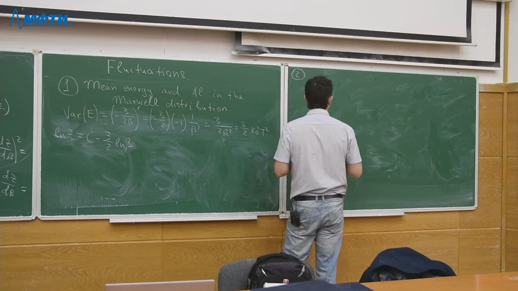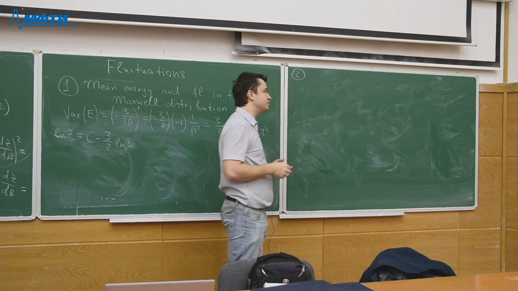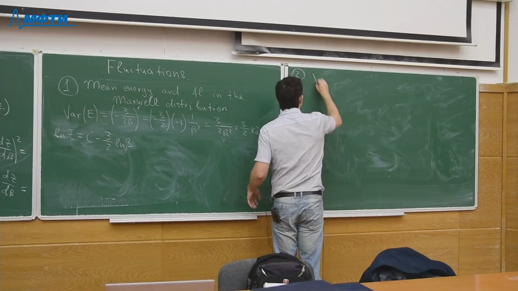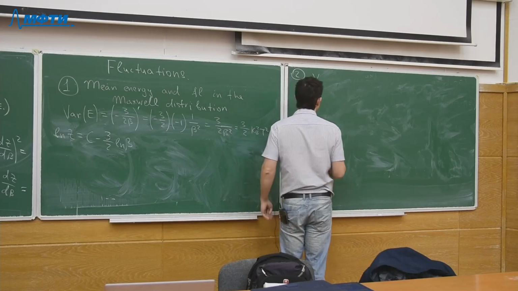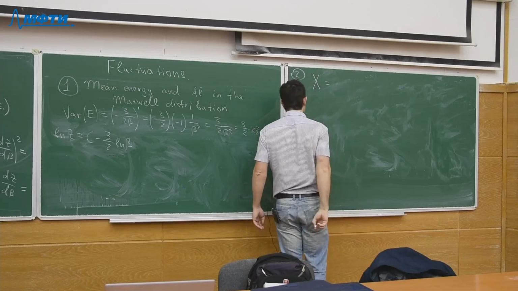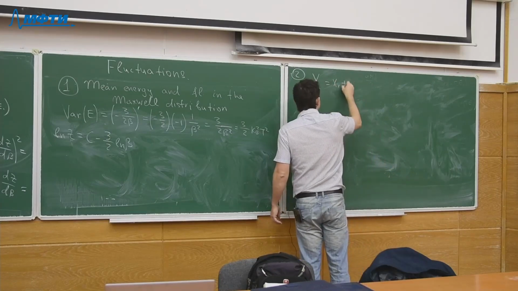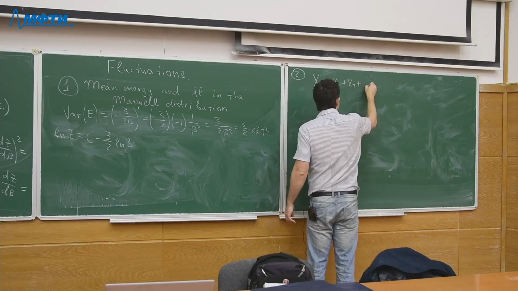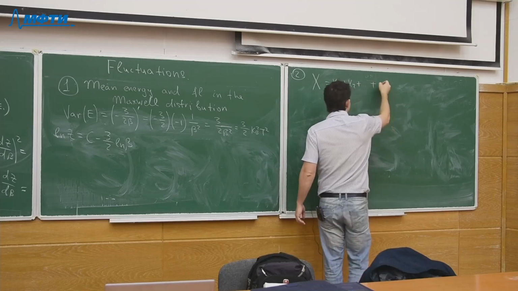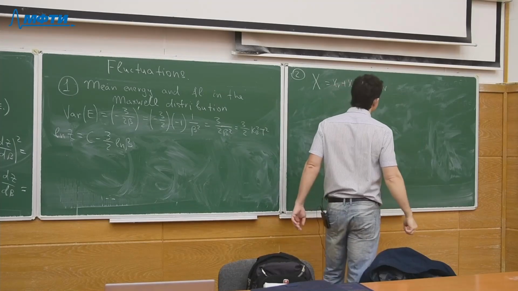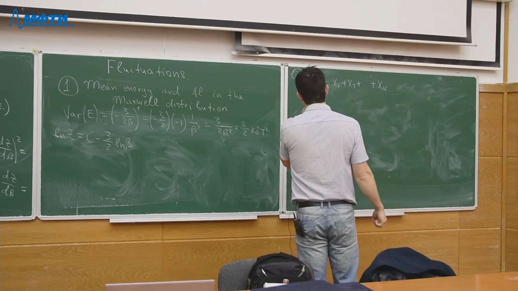Let's consider this problem in the general context, and let's assume that I have a macroscopic quantity capital X, which is presented as a sum of some microscopic quantities x1, x2, and so on, until xn, where n is the number of particles in my system.